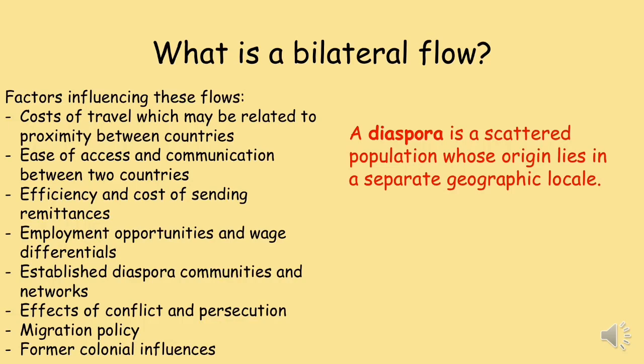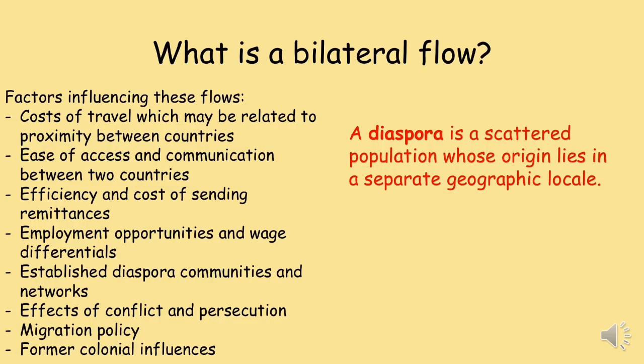If there are no borders, like in the Schengen zone, much easier to migrate. Efficiency and cost of sending remittances so that you can support people back home. Employment opportunities and wage differentials. So a good example there is your Myanmar to Thailand example.